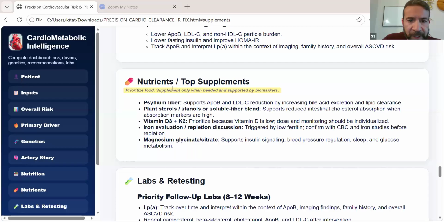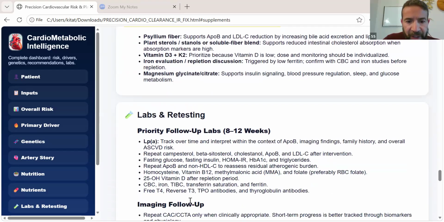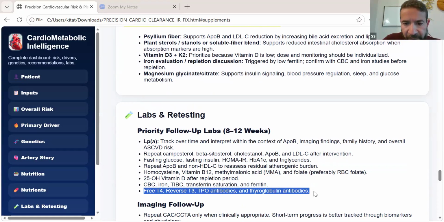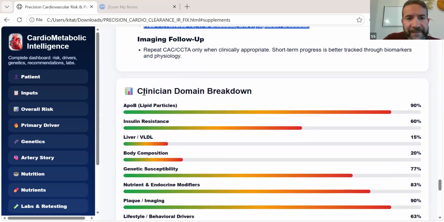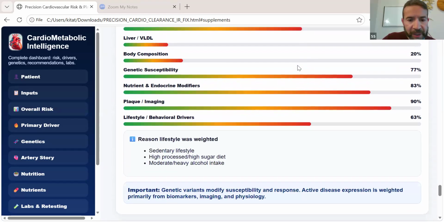Okay. Now, this is important now. All right, because it is flagging the vitamin D, it's flagging free T3s, and it's asking you to retest as a follow-up. So it's flagging everything that is abnormal. All right. So this is important now. Imaging follow-up, repeating CCTA when clinically appropriate.